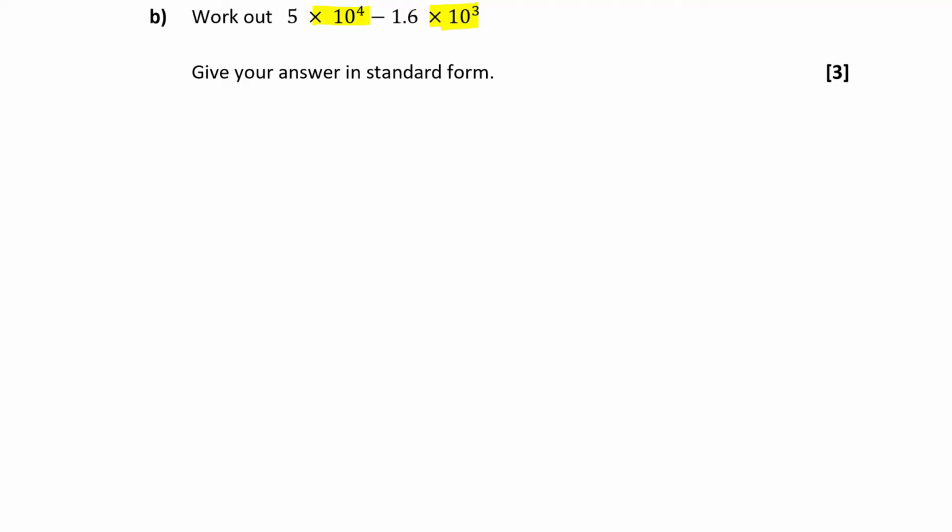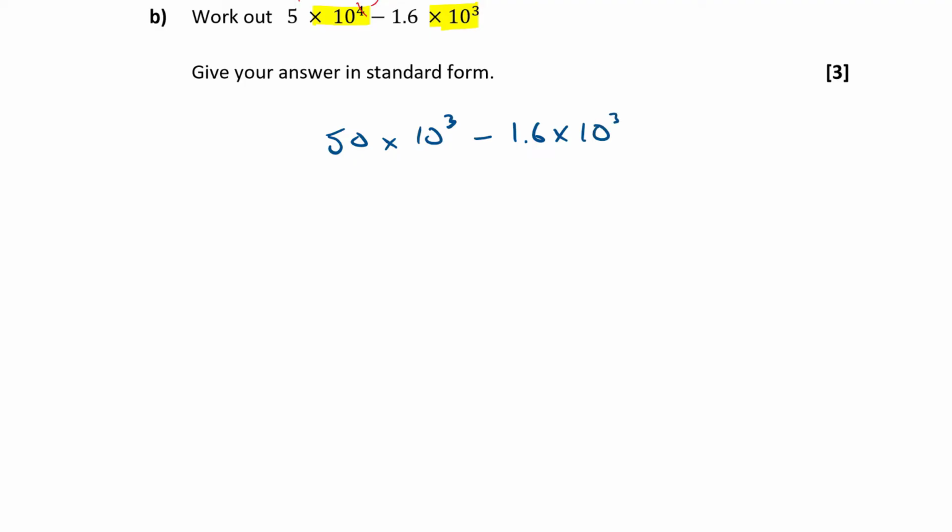I've got 10 to the 4 and 10 to the 3. But 10 to the 4 is just 10 times 10 to the 3. So I can take a 10 out of 10 to the 4 and instead multiply the mantissa part, the number part, by 10. So that's going to give me 50 times 10 to the 3, subtract 1.6 times 10 to the 3.